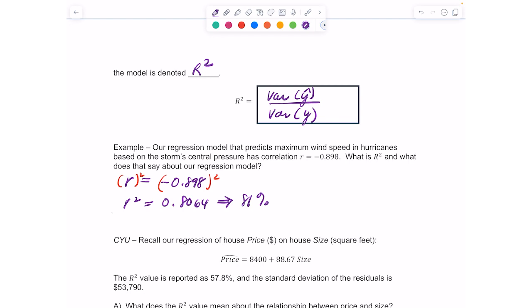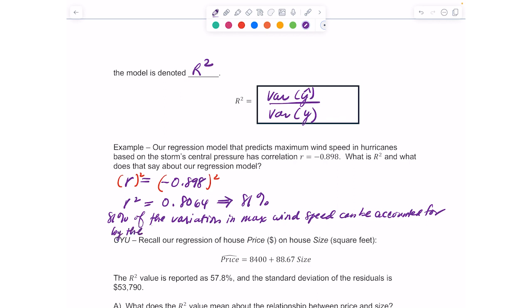So what that means is 81% of the variation in maximum wind speed, which is my y, can be explained by or accounted for by the hurricane's central pressure, which was x.